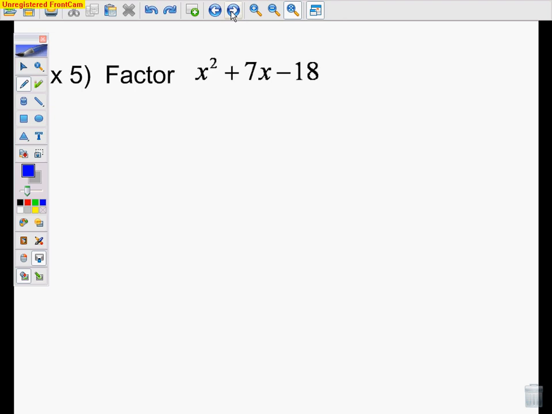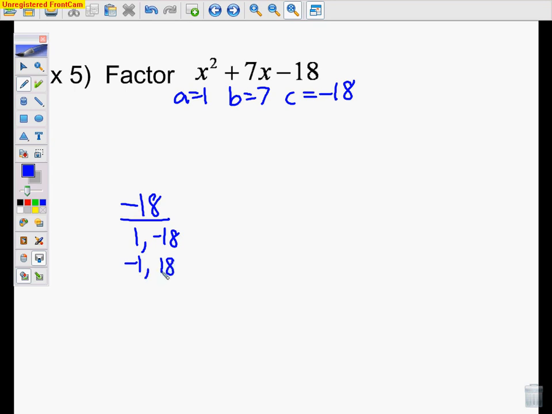Here, a equals 1, b equals positive 7, and c equals negative 18. All right, once again, we're multiplying to get a negative, so that means one of the two numbers has to be positive and the other one has to be negative. So let's list the things that multiply to give you negative 18, such as 1 and negative 18, negative 1 and positive 18, 2 and negative 9, negative 2 and positive 9.